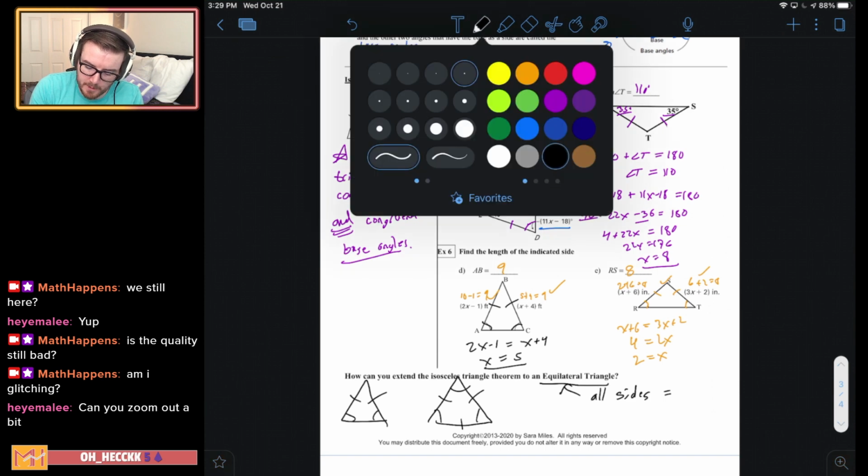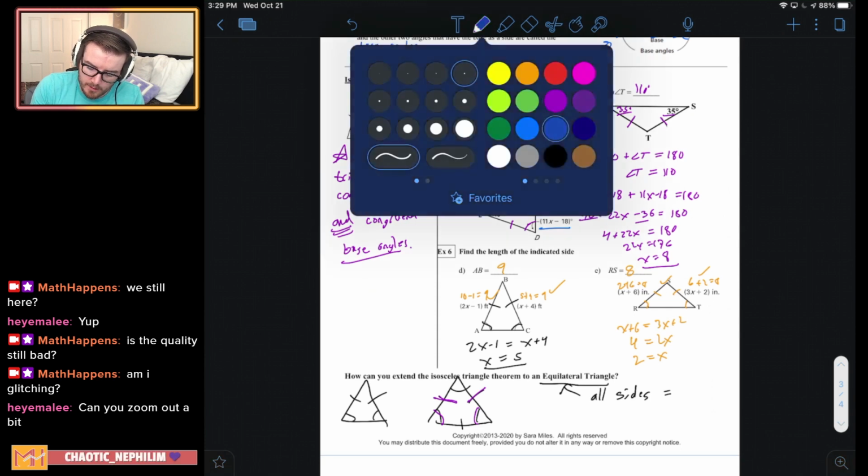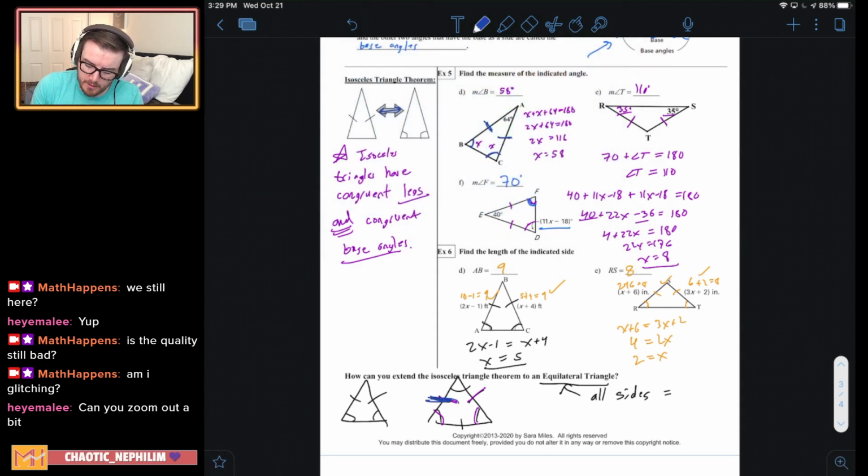Look at it from this perspective: if these legs are the same, then these two angles are the same. The same thing would be true for the other legs, so these angles would be the same too. We're just repeating ourselves, so in the end, we're saying all the angles are the same.